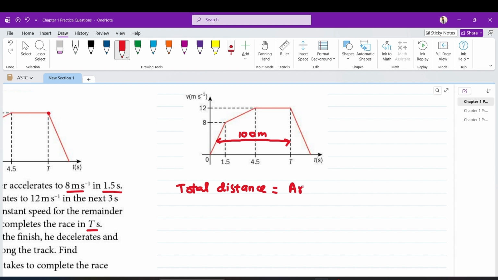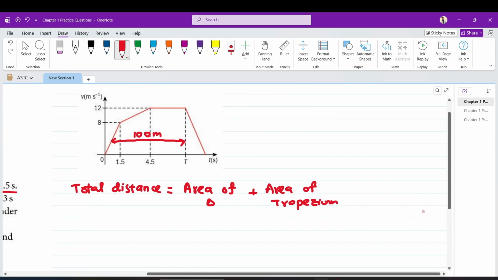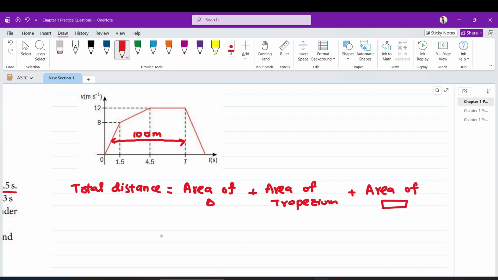So total distance will be area of triangle plus area of trapezium plus area of rectangle.